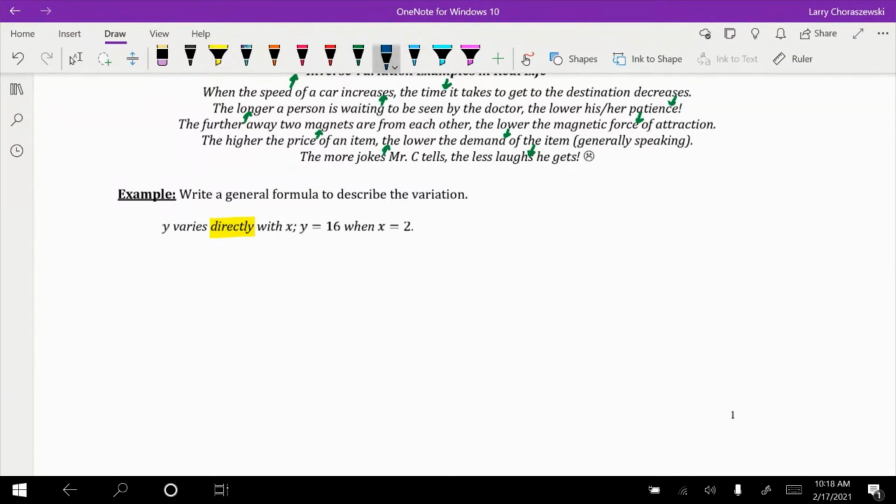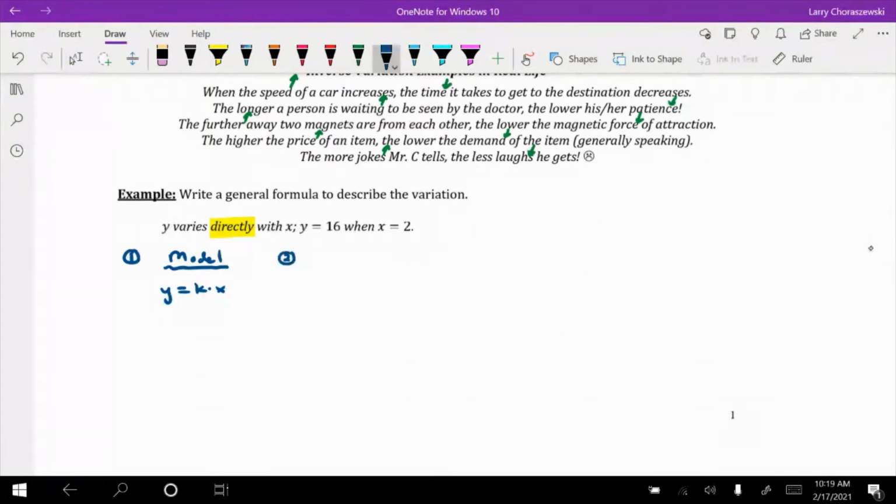It's a process that's pretty easy to get used to, and it doesn't take much time. The first step is to decide on what model to use based on the ones presented above. Since it says varies directly, we want to consider using this model for the variation, y equals k times x.